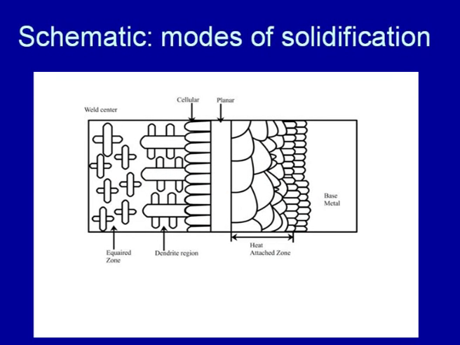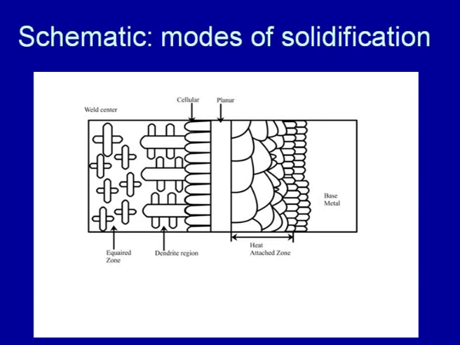Typically during welding, all these modes of solidification are experienced. First we have planar solidification, because the G by R ratio is found to be high near the fusion boundary. Then we have the cellular structure slightly away from the fusion boundary, then columnar dendritic, and finally equiaxed at the weld center.